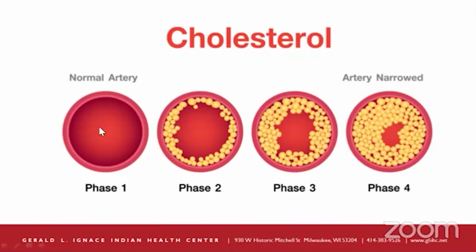So this is a little example of occlusions, they're called, or cholesterol filling in the arteries and closing them off. There's phase 1, 2, 3, and 4. Phase 2, I feel many people have phase 2 and it can be managed. But when we start getting into phase 3 and 4, you're going to start seeing some side effects, including increased risk of heart attack and stroke.